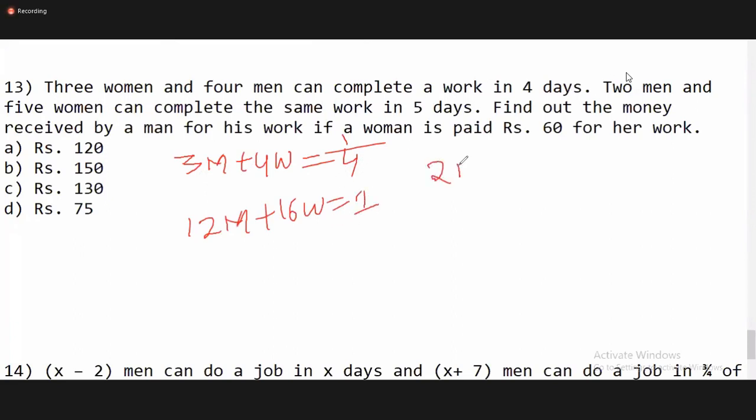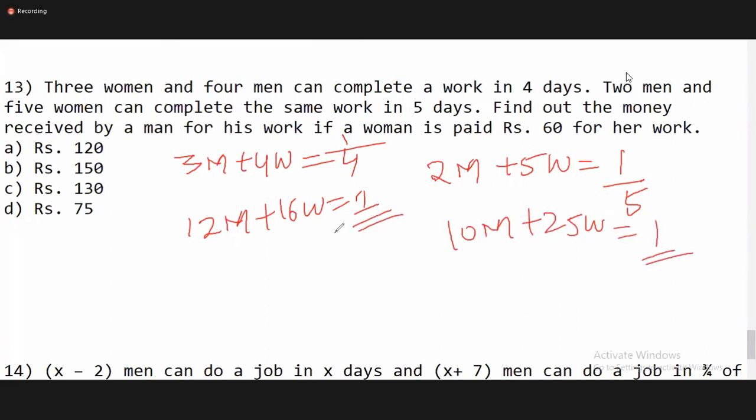Next, 2 men and 5 women can complete the work in 5 days. The 1 day work is 1 by 5. I want to complete it in 1 day, so can I write 10 men and 25 women can complete it in 1 day. So this is also 1 day work, this is also 1 day work.